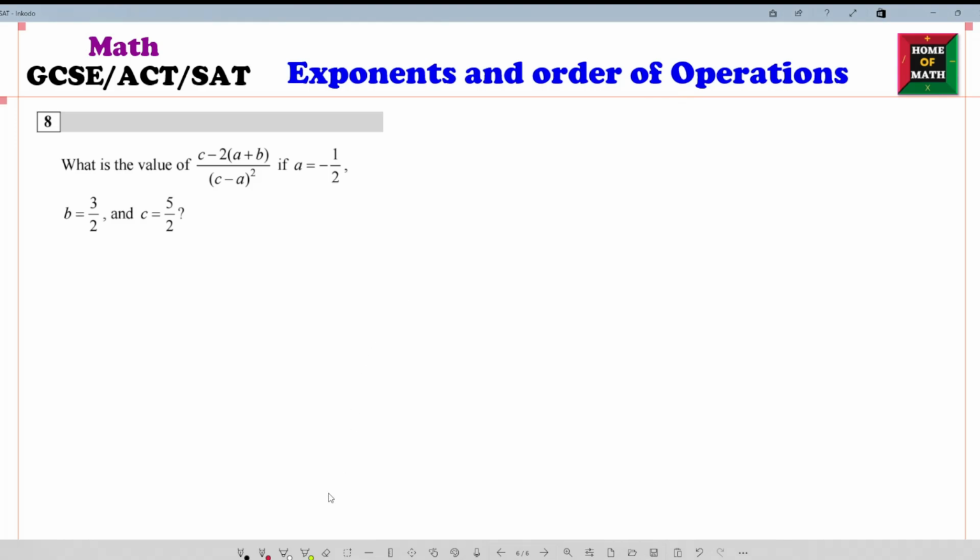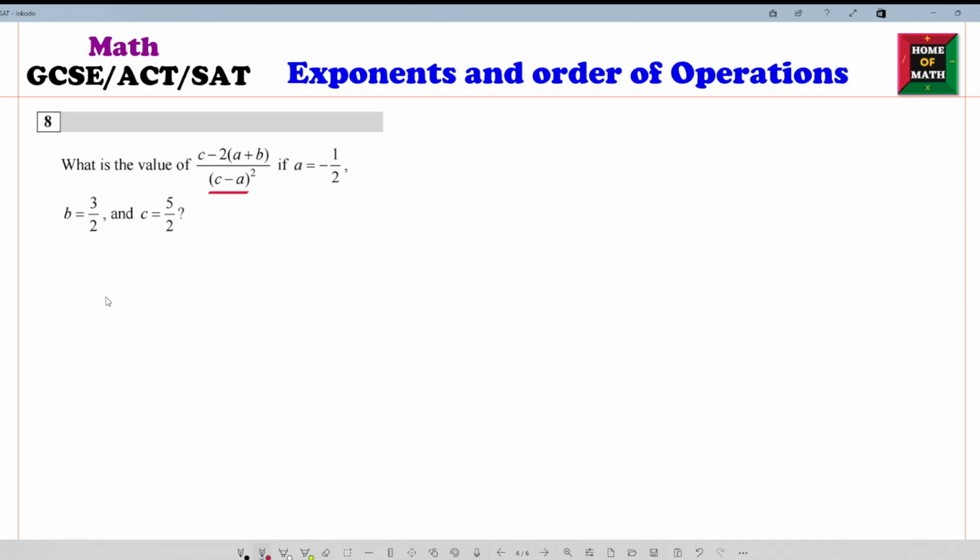Number 8, and this is our last math in this video. What is the value of c minus 2 times a plus b divide c minus a whole square, where a equals minus 1 by 2, b equals 3 by 2 and c equals 5 by 2.